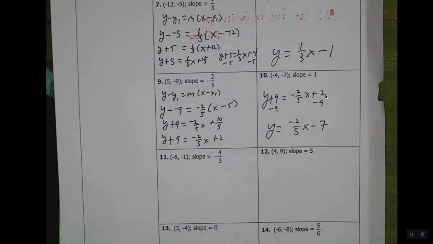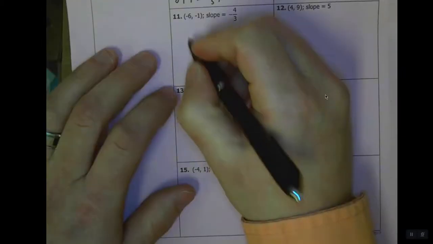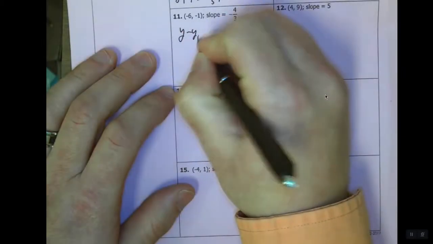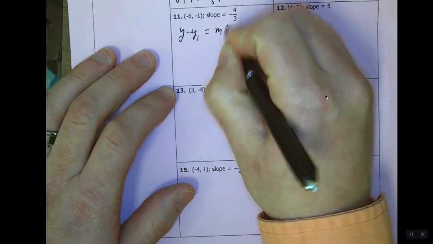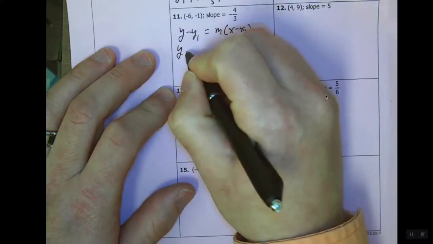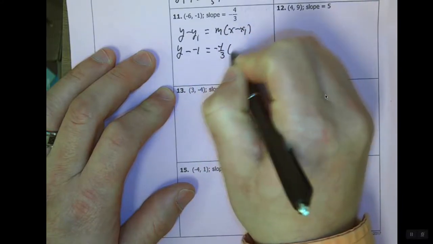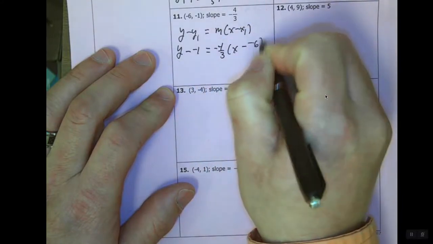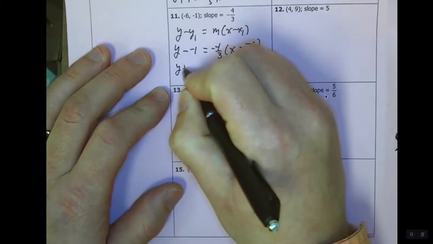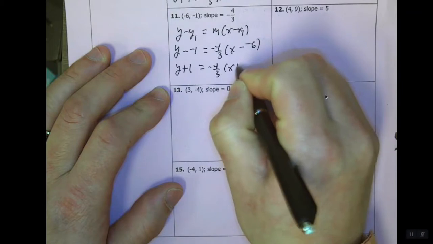Right? So let's look at number 11. Number 11, we've got y minus y1 equals the slope times x minus x1. Every time I'm going to write that. Y minus negative 1 equals negative 4/3 times x minus negative 6. This gives me y plus 1 equals negative 4/3 times x plus 6.